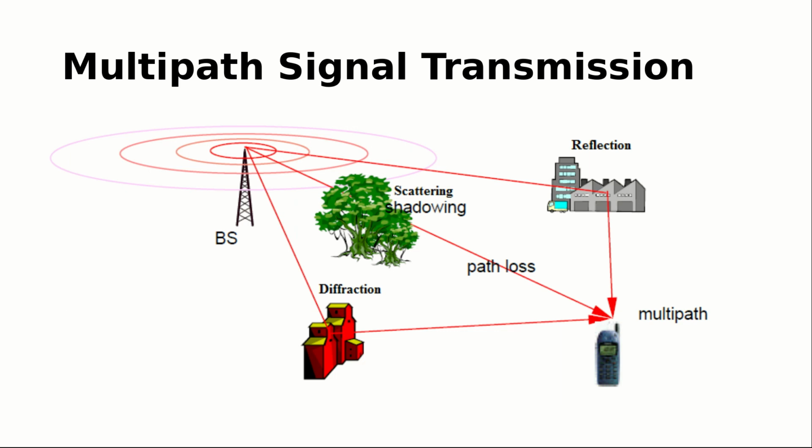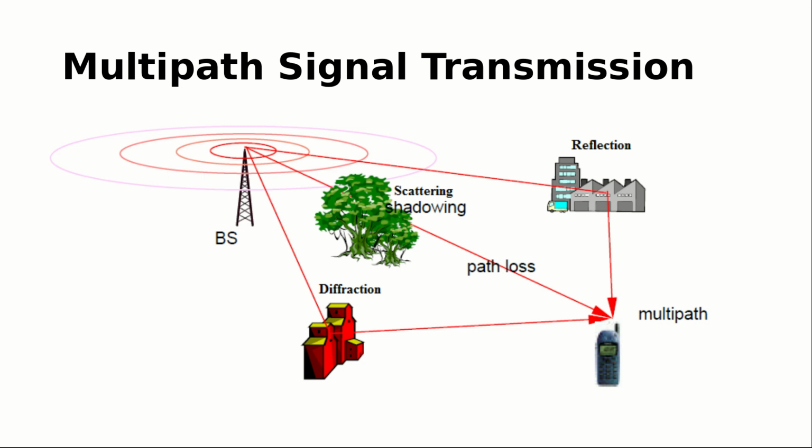Here you can see the base station is transmitting a signal to the mobile through multipath. One signal is hitting the building and reflecting to the mobile, another signal is passing through a tree, which is scattering or shadowing, and another one is passing around a building, so it is experiencing diffraction.